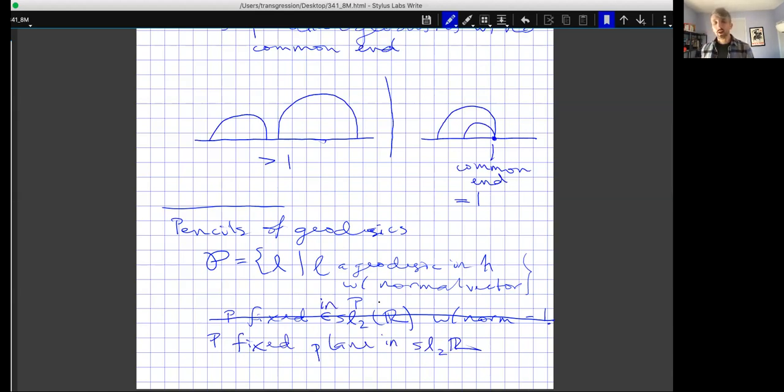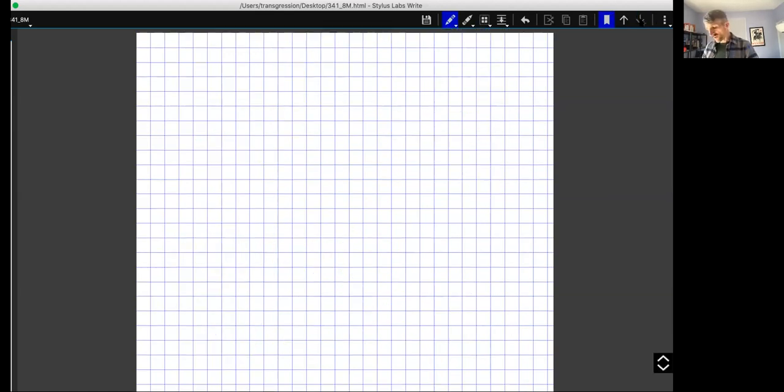Sorry, I just made a total misstatement there, but we've got a plane fixed in SL2R, and we're saying, what are the lines, the geodesics, whose normal vectors live in that plane? And the discussion above actually tells us basically an answer to that question.